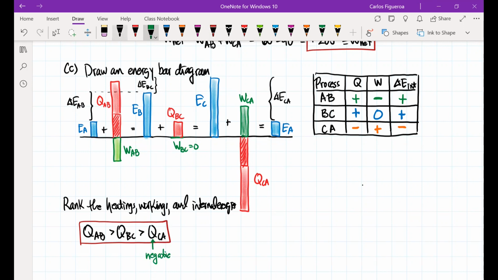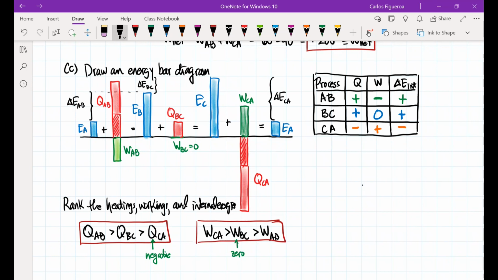Now let's rank the workings here. So if I look at the workings, I have a positive work in CA, and then I have a negative work for AB. So then using signs as we're supposed to, then 0 is bigger than a negative number. So now here's my workings. And again, this guy is 0.